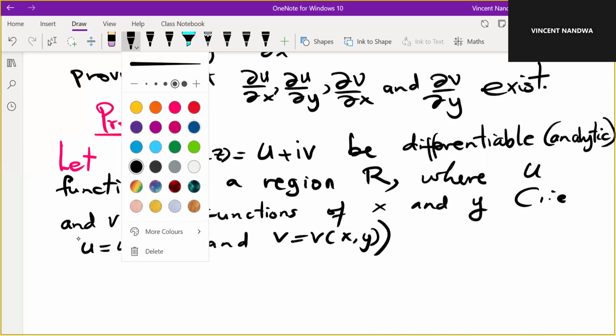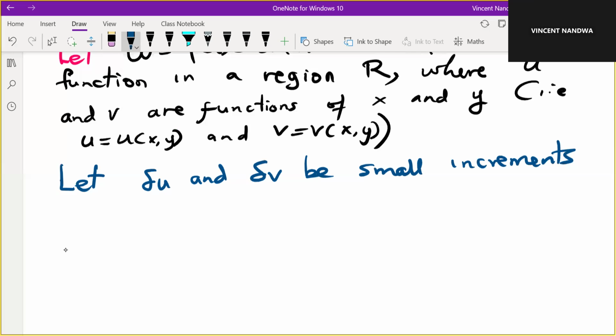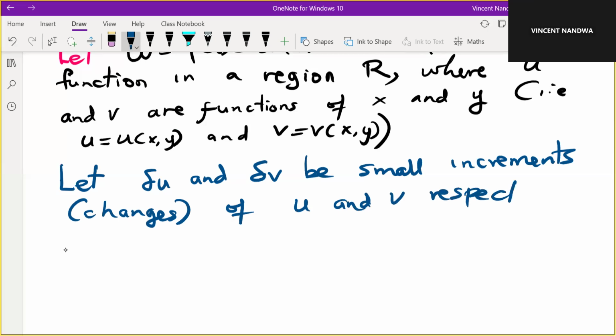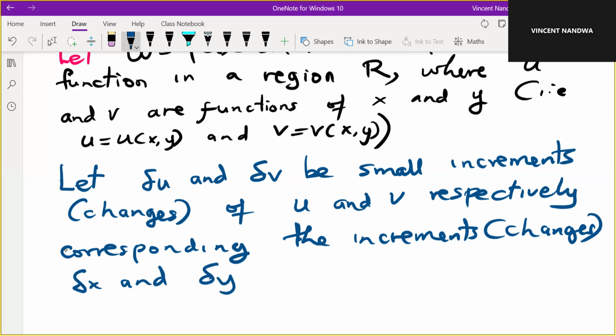Also, let delta u and delta v be small increments, or some can call it changes, of u and v respectively, corresponding to the increments or changes delta x and delta y of x and y.